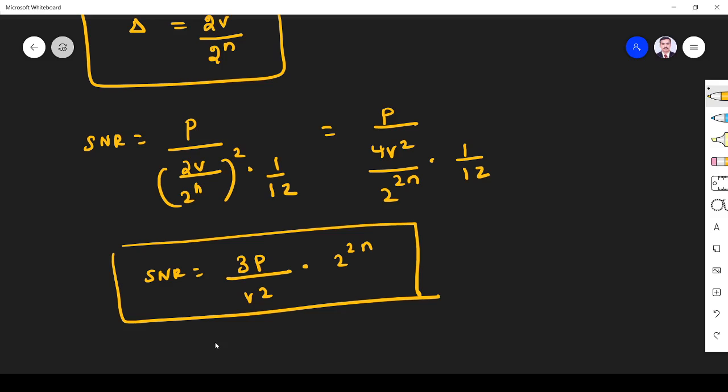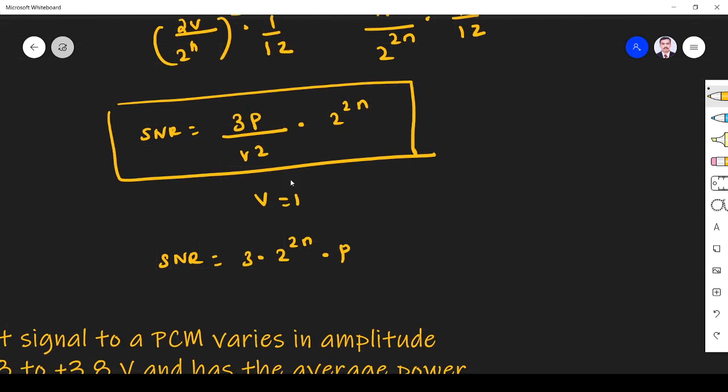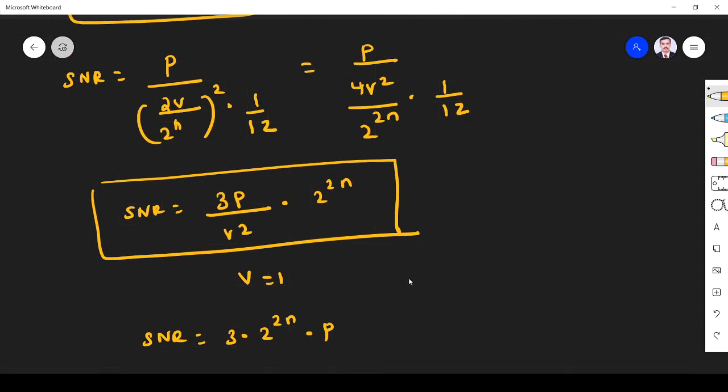Suppose we assume V is equal to 1. Then SNR becomes 3 into 2 power 2n into P. If the power is normalized, P is equal to 1, then this is equal to 3 into 2 power 2n.